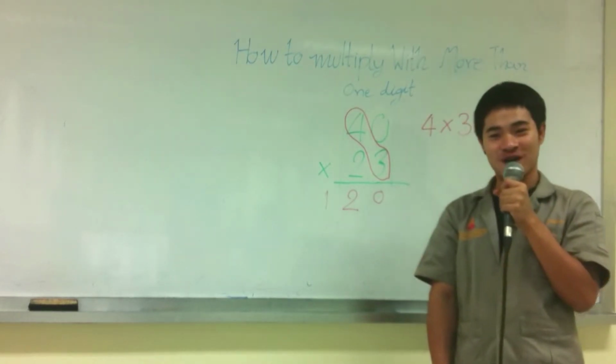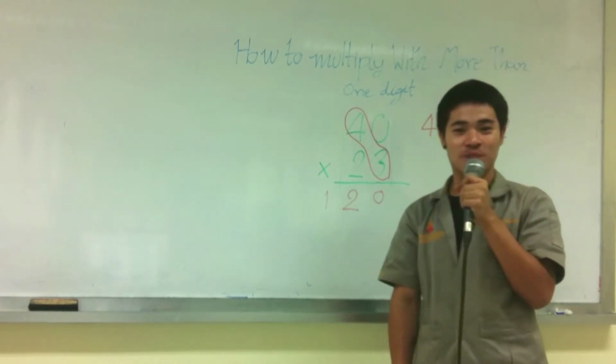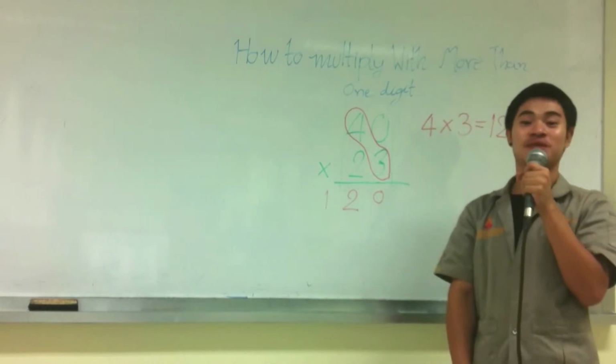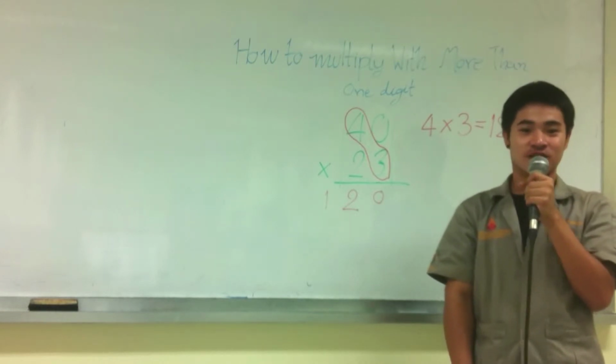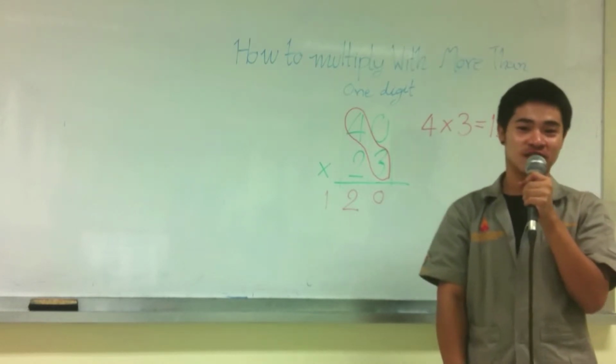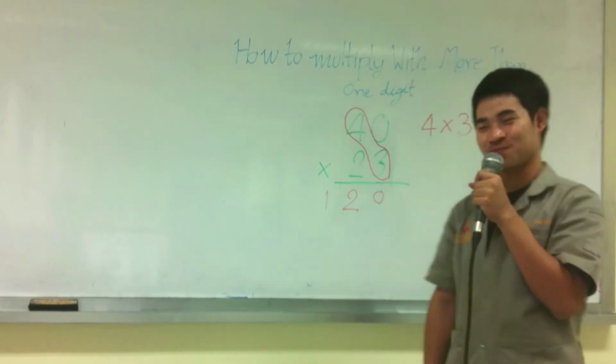If you have a number longer than 2 digits, continue to repeat this step until you have multiplied your digit in the bottom number by every digit in the top number.